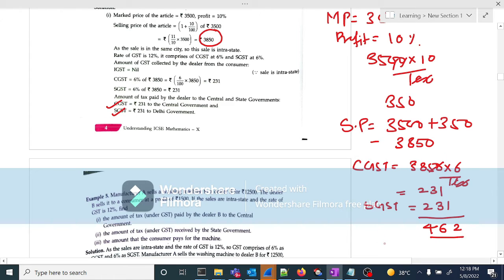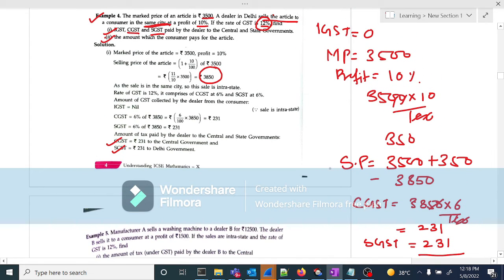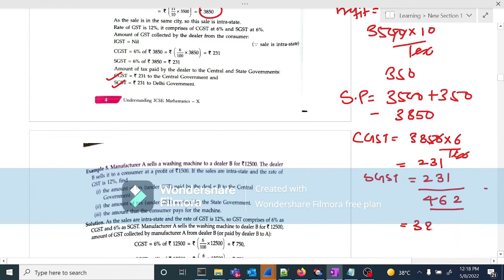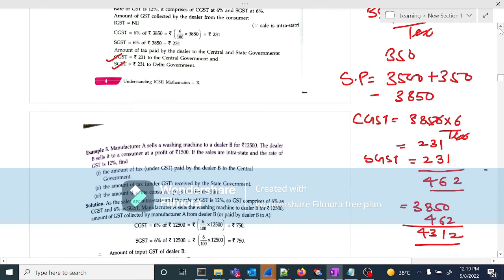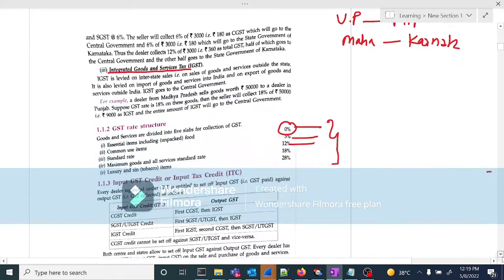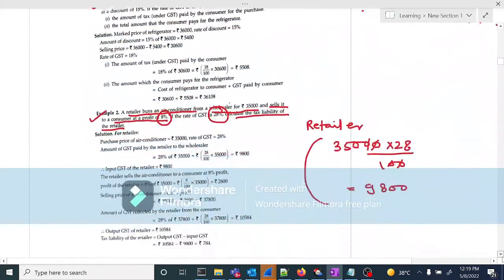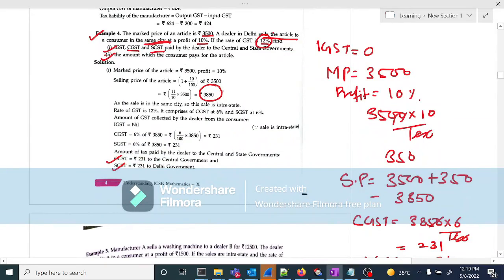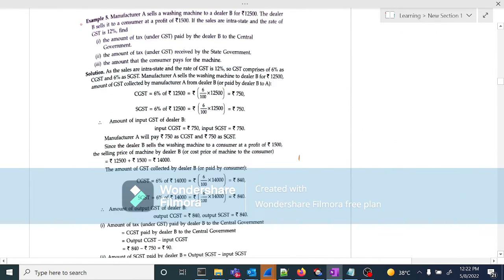So total GST is 462, and the total amount the consumer pays for the article is 3,850 plus 462, that is 4,312. 4,312 is the total amount the consumer paid.